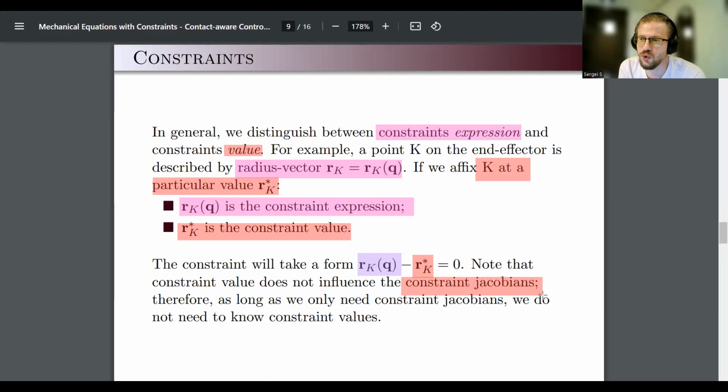First of all, if you know the configuration of your robot, that implies that you know the constraint value. You just know it implicitly. If you know the configuration of your robot, then from the constraint expression, just by substituting q, you get your constraint value. So the constraint Jacobian, because it is a function of q, if you evaluate it at some point, this process of evaluation already contains all the information about constraint values that you could have wanted. But explicitly, you don't need the constraint value, right? So that is quite interesting.